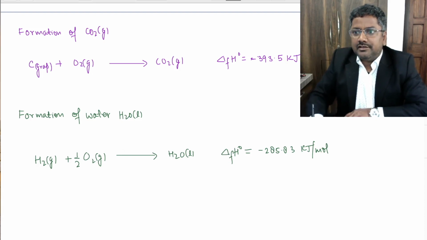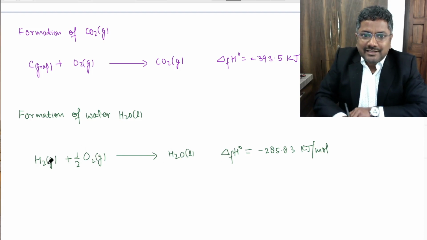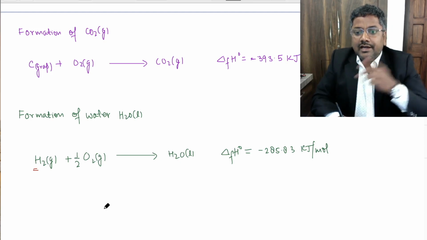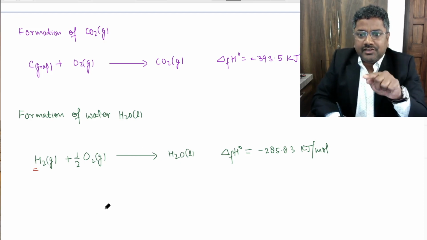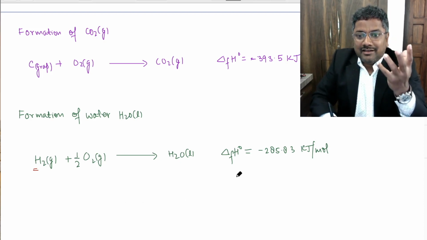But very interestingly, if you see here, this is the same reaction as the combustion of hydrogen. And if the reaction is the same, then the enthalpy is also the same. So sometimes the examiner may confuse you. Remember, this is a very important point.